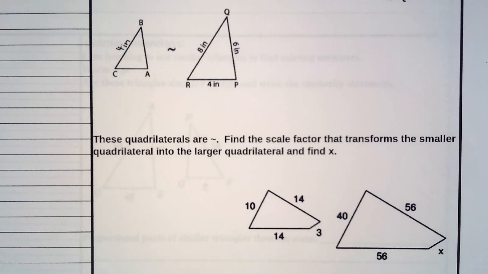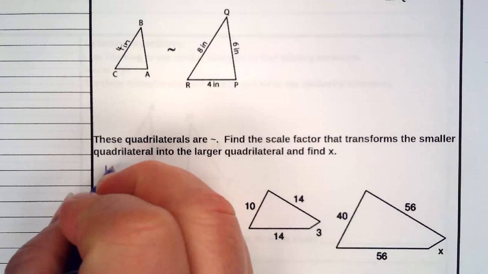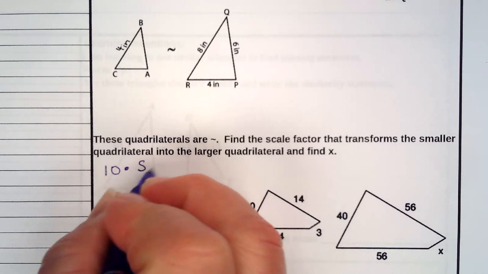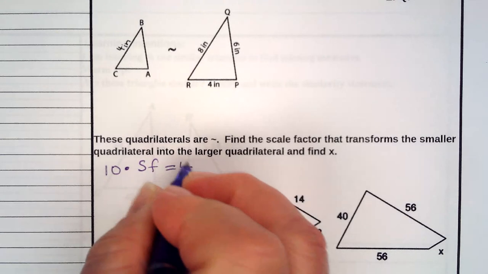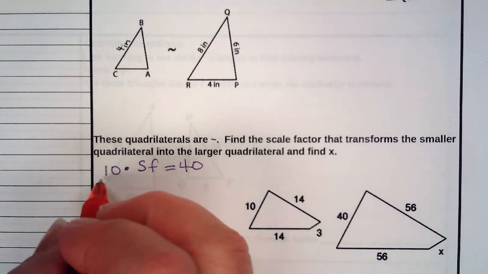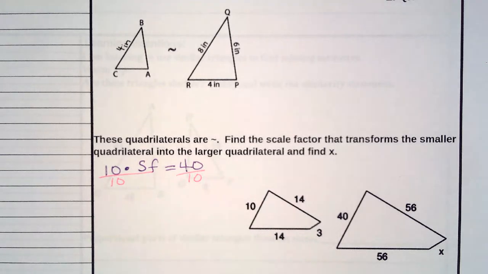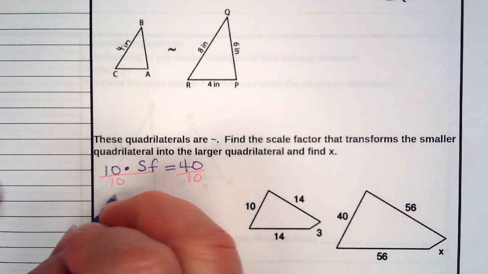Well, I'd see 10 and 40. So 10 times my scale factor is equal to 40. Divide both sides by 10, and my scale factor is 4.